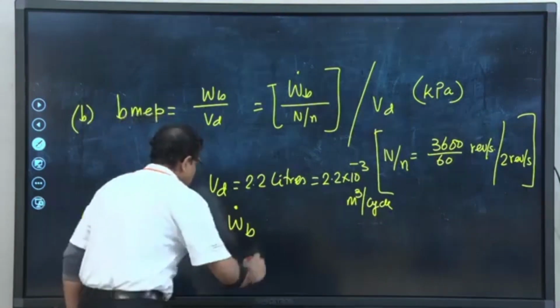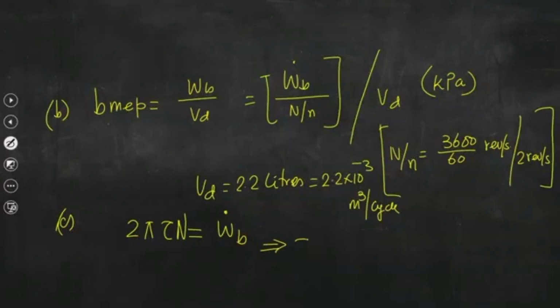So, now what would be the torque? Tau would be equal to W_B dot divided by twice pi n. We know all other quantities, right. We can easily calculate, because n equal to 3600 by 60 revolution per second.